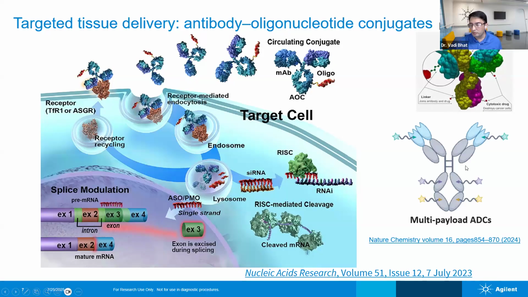If you consider bispecific and multi-payload, that molecule is really complex for any analytical scientist, right? So it's a growing area, and definitely in coming years you'll see more and more people talking about these very complicated molecules along with bispecific and multispecific mAbs.